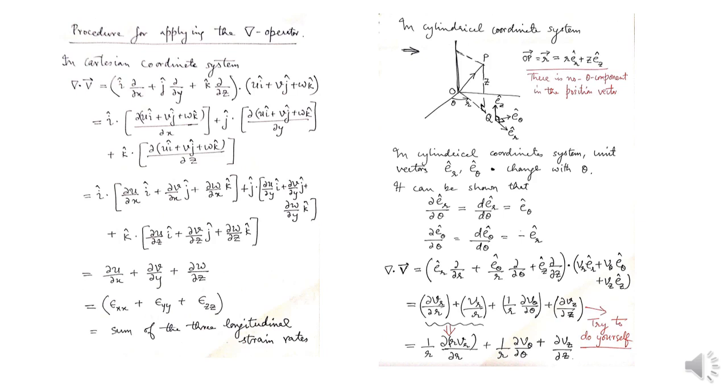So now moving to how we do it in Cartesian system, you have to remember one thing. This gradient operator is a vector operator. So when you have to use it on vectors, it has to be used with either a dot or a cross product. Okay, you can't just use this vector operator on a vector without any dot or cross product.